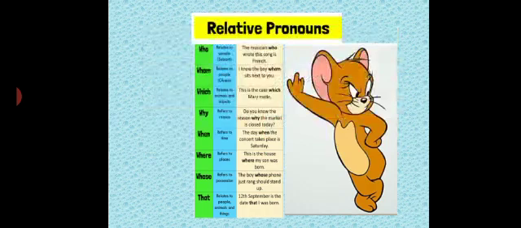Although they start with WH, when we are using them in a pronoun context, we call them relative pronouns and not WH questions, right? So study this chart once again as it is. Write it down in your notebook. That will give you a clear idea of what you are actually studying.